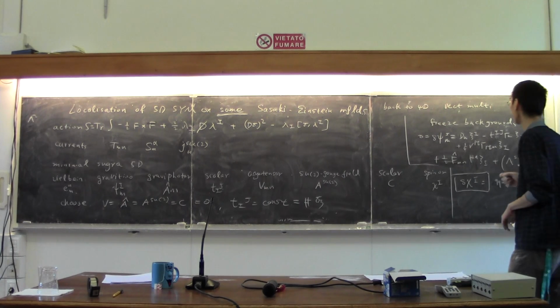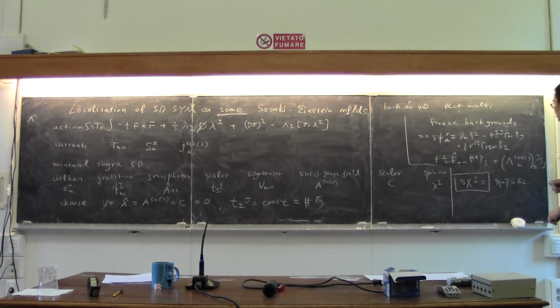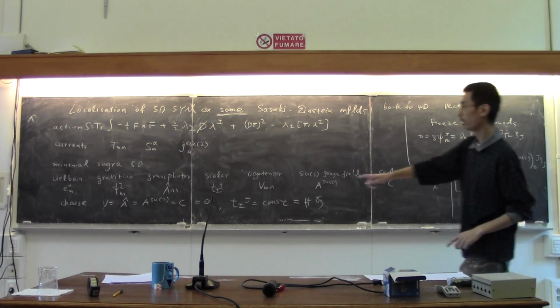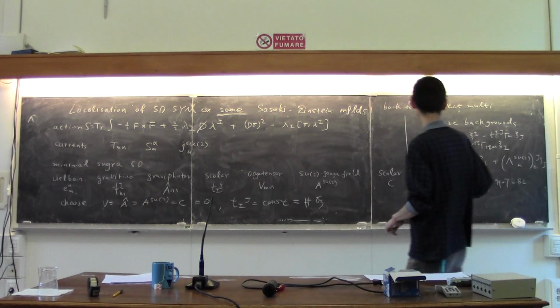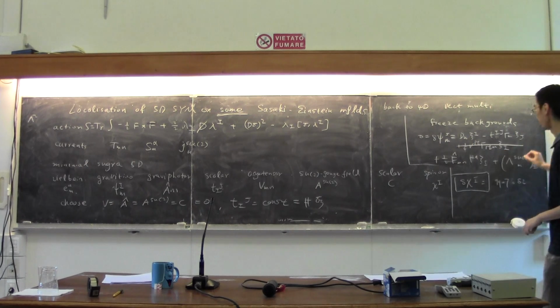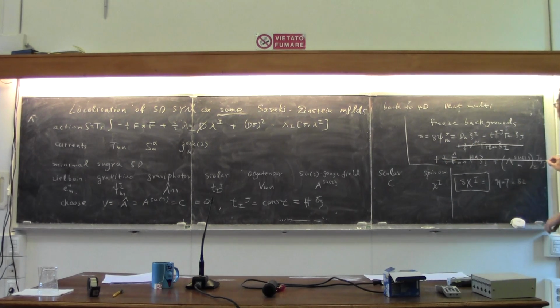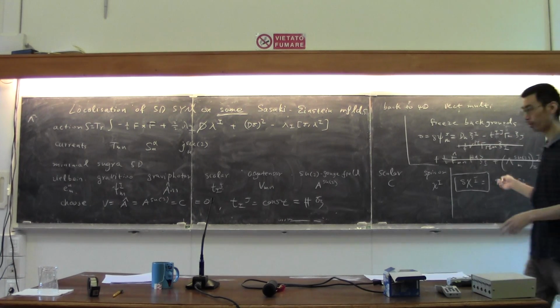Oh gosh, my voice didn't hold up. So we set B, A, and A SU2 to 0. So this is gone. All of these are gone. So we're just left with this simple equation. So let's rewrite it over there.